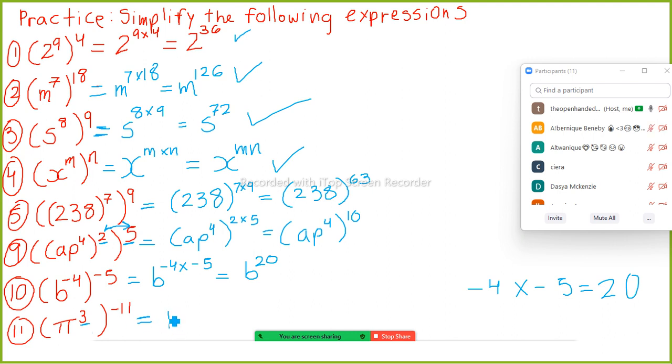So that's pi to the power of 3 times negative 11, which is going to be equal to pi to the power of negative 33. Good, and so those are our answers. Anyone get all right?